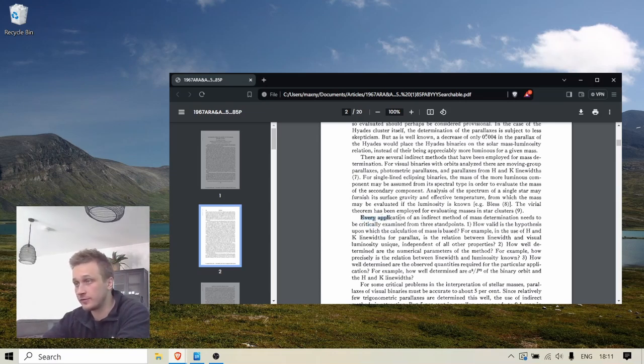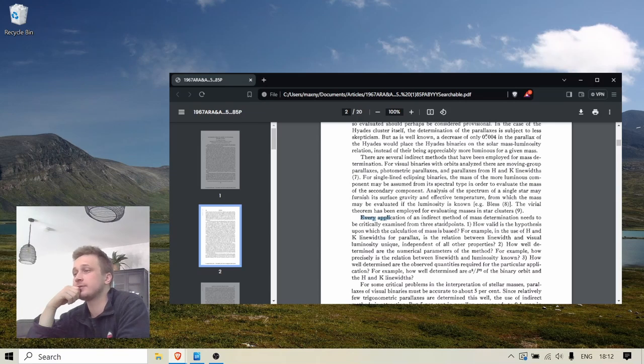The paper review continues. Every application of an indirect method of mass determination needs to be critically examined from three standpoints. 1, how valid is the hypothesis upon which the calculation of mass is based? For example, in the use of H and K line widths for parallax, is the relationship between line width and visual luminosity unique, independent of all other properties? 2, how well determined are the numerical parameters of the method?